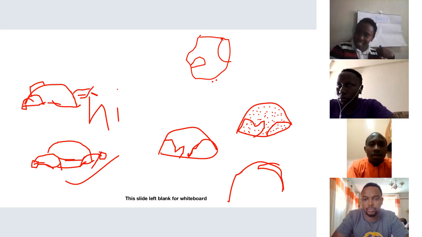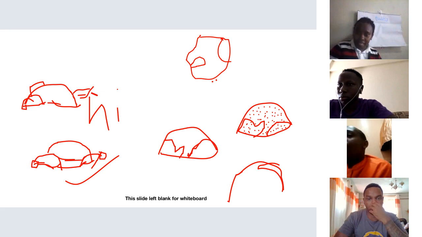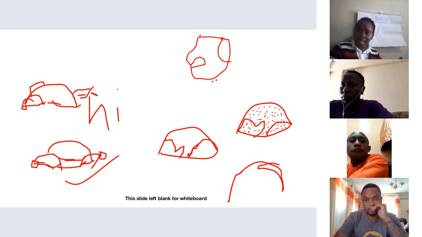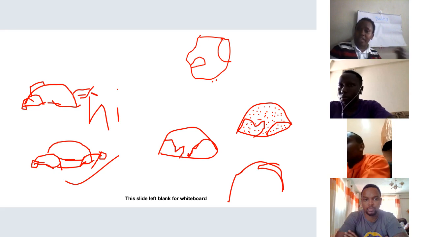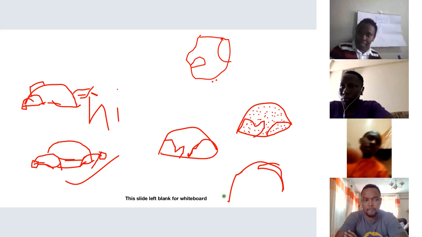Then you can cut the breast on its own, and then you can divide it in the middle. Then we have the legs of a chicken, which we can call the drumstick and the thigh, if you cut them separately.